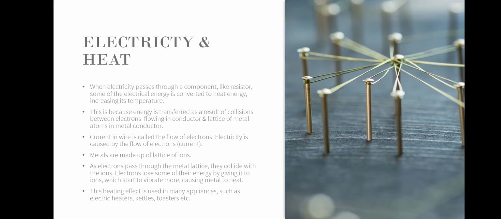Because when they vibrate more, they hit the walls of the container more, and hence more collisions and more temperature. And then this heating effect is used in many appliances such as electric heaters, kettles, toasters, etc. All of the appliances that provide us heat, this heating effect is used there.